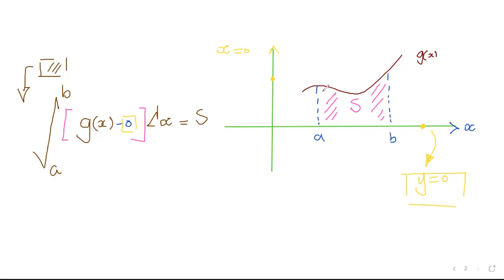Maybe g of x represents the function which comes on top, and 0, which represents the x-axis, is the one which comes beneath the other function. If that's the case, it's going to help me a lot. Why? Because imagine this scenario.